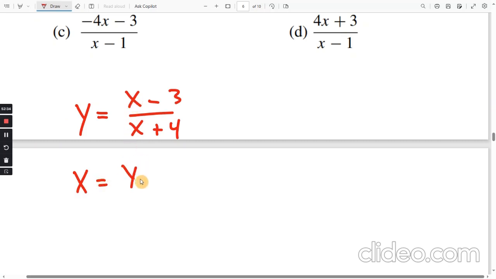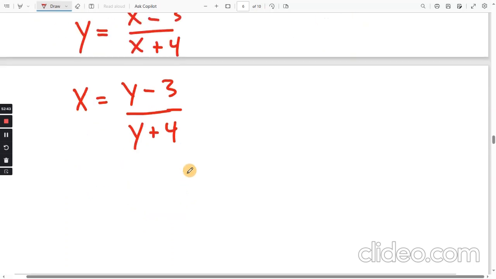So it's going to be x equals y minus 3 over y plus 4. Alright, we have to isolate y somehow. Let's multiply both sides by y plus 4 to get rid of the fraction here. Alright, y plus 4's cancel.